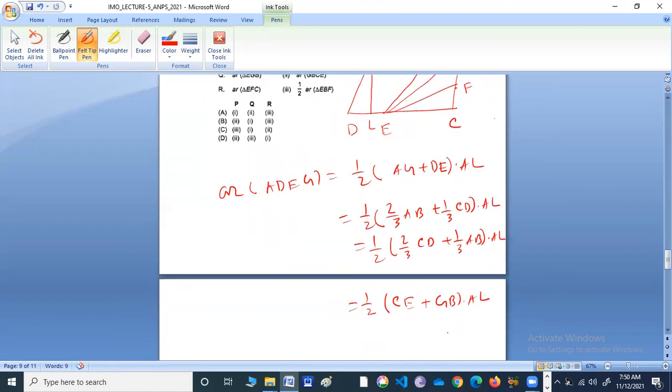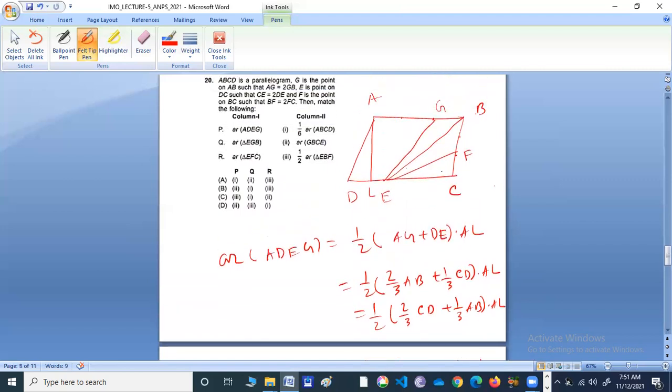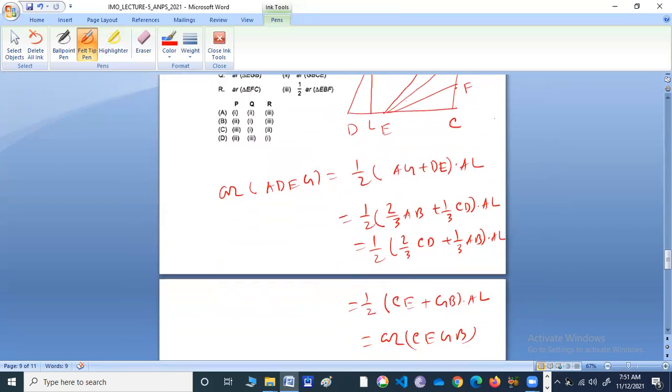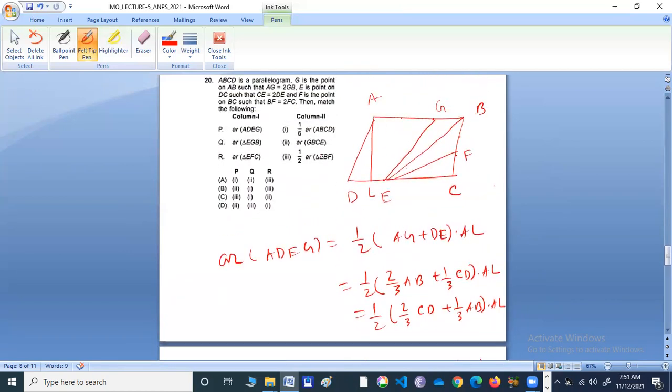Good. So this means area of CEGB, right? CE plus GB into the distance AL. So which one will be the area of CGB 2, right?